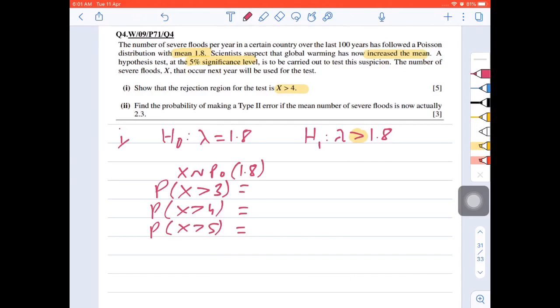So for X greater than 3, it's going to be 1 minus probability of X less than or equal to 3, then 1 minus probability of X less than or equal to 4, and probability of X less than or equal to 5.